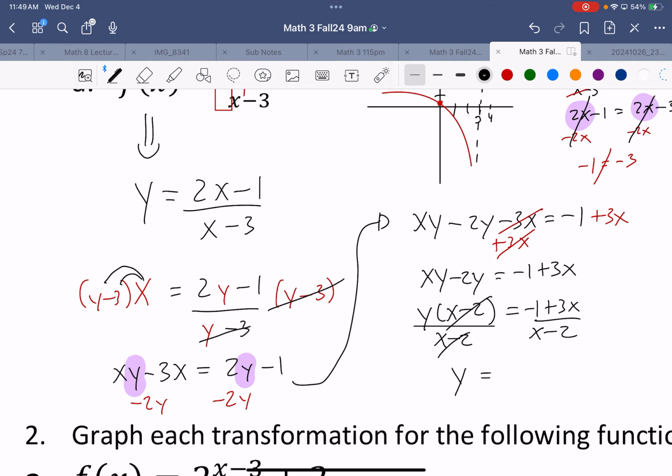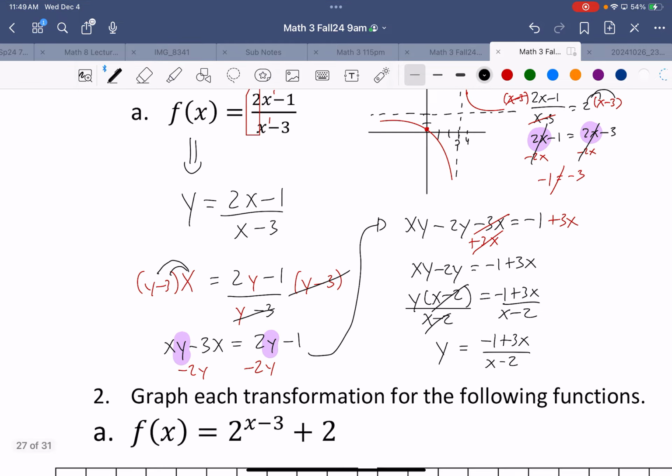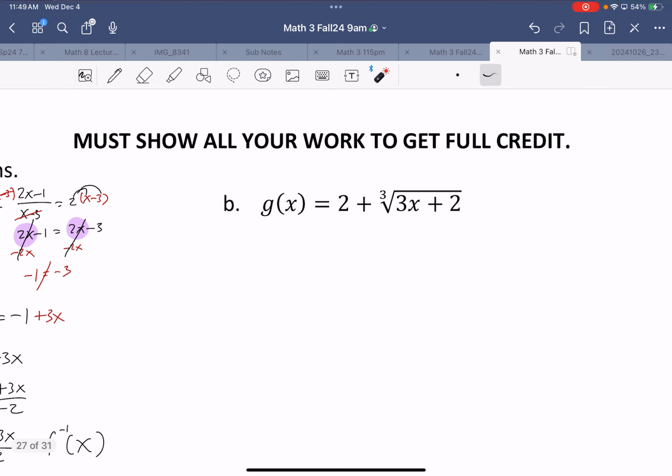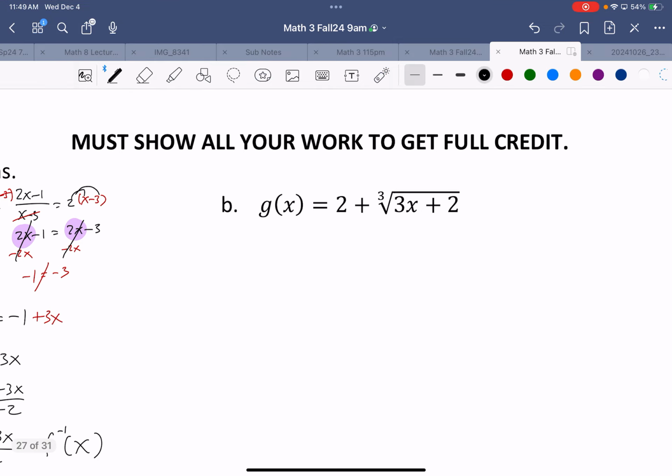That's going to give me y is equal to negative 1 plus 3x all over x minus 2. And then you would just change your notation to say f inverse of x. So that y becomes f inverse of x. Now the next one. Well, this is a cube, right?